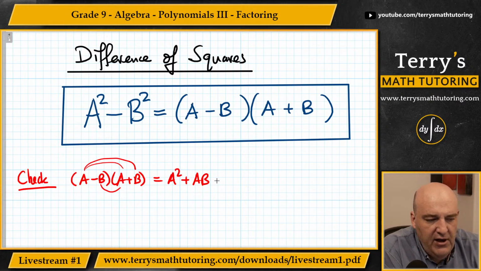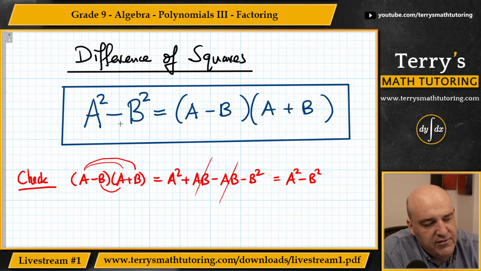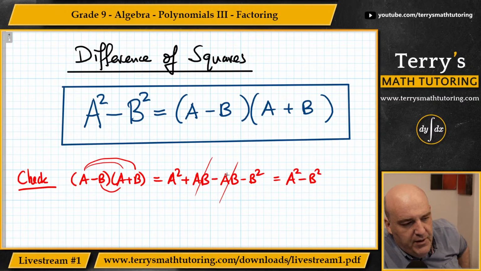Negative b times a, I could write minus ba, but just to put things in alphabetical order, let's write minus ab. And then minus b times plus b is minus b squared. These guys, they cancel. And so we get a squared minus b squared, which is what the formula is. So that's just a little proof that the formula is true.